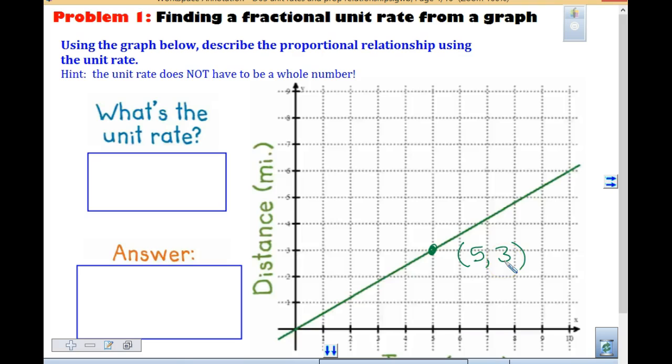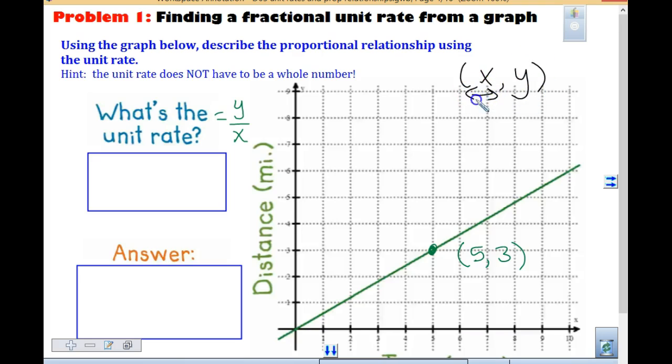So if I have that 5, 3, what I want to keep in mind is we wrote up on the board to find the unit rate, you are always going to take the y and divide it by the x. Now, my hint for some of you, if you're looking at an ordered pair and you don't remember, it's always alphabetic order, x, y.